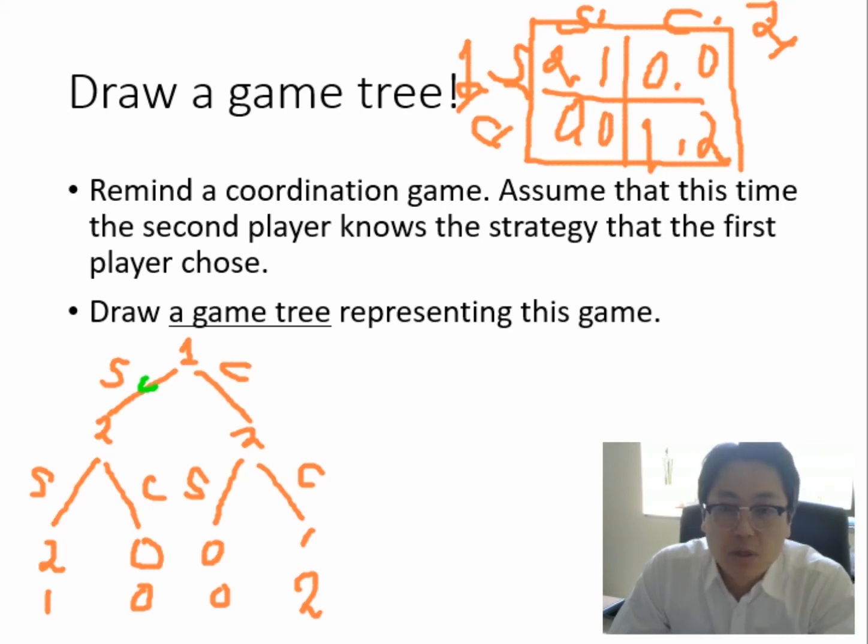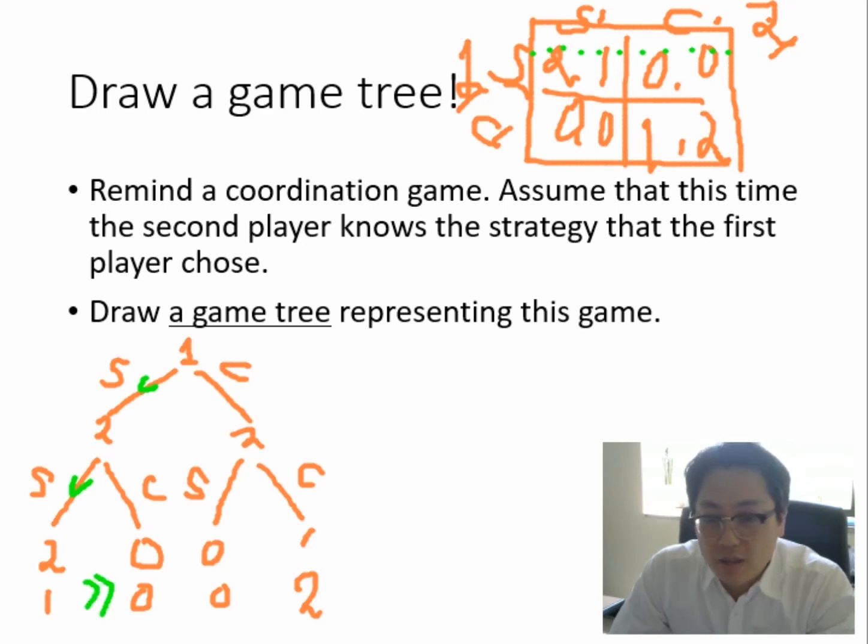So once the first player chooses S, the second player knows that and will surely choose this part, because 1 is greater than 0 anyway.